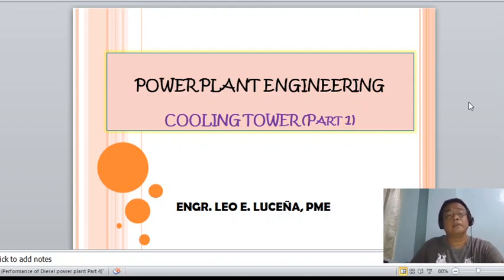So, we have here the cooling tower. Actually, the cooling tower may be presented in three parts. By this time, we are going to discuss the theory involved in a cooling tower. This is part one of my presentation.